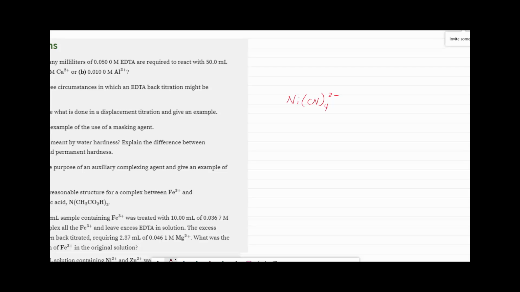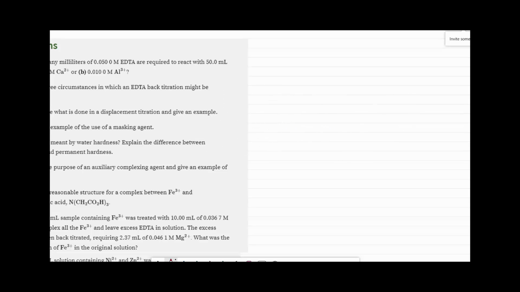The nickel is going to be displaced by silver because of the more favorable complexing constant. So the nickel becomes liberated, and we would then titrate that nickel with EDTA to find out how much silver was present, because the number of moles of nickel liberated would be equal to the moles of silver that removed the nickel. So that's an example of a displacement titration.